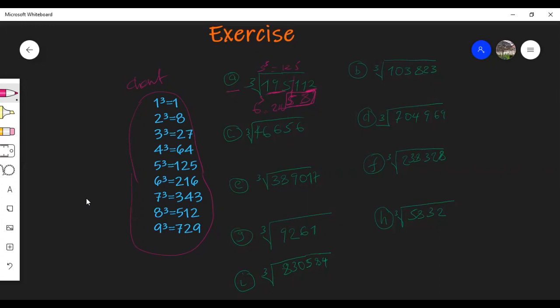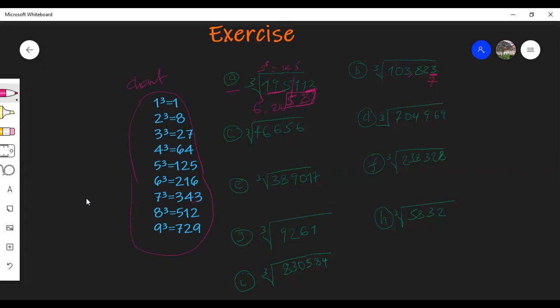Let's go to B and do the same. In B, let's divide it into 2 and see what number it ends with. It ends with 3. And if you remember well, any number that ends with 3 is only the one you get by cubing 7, so you have 7.